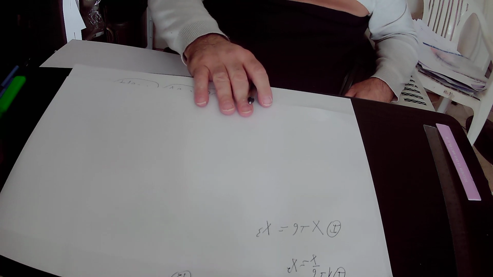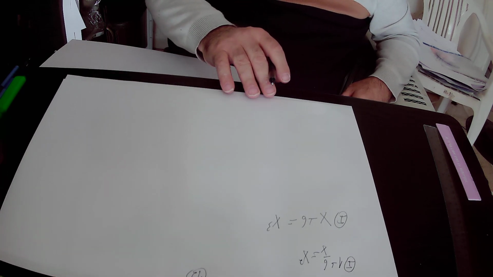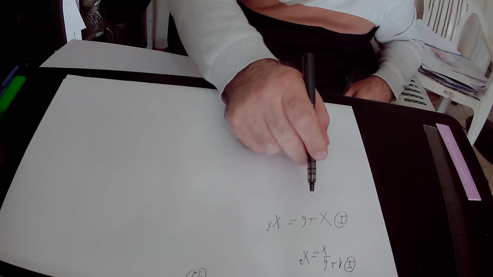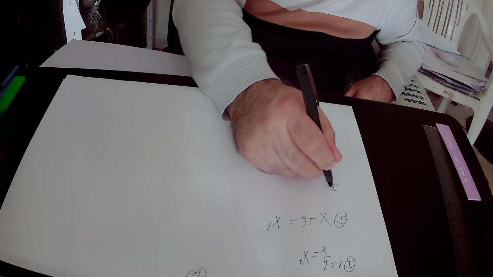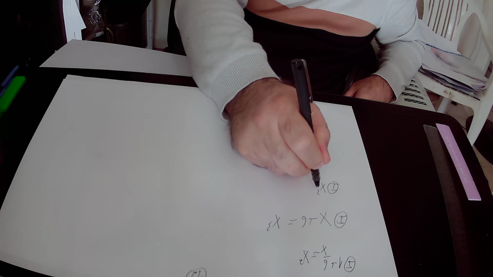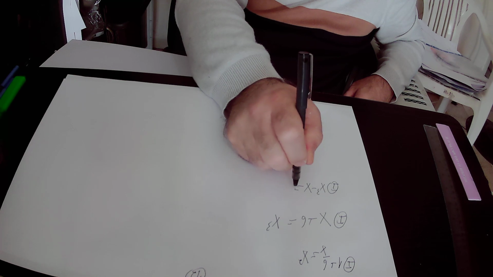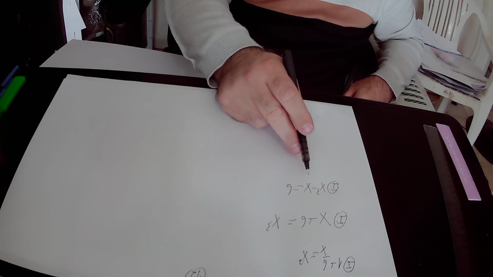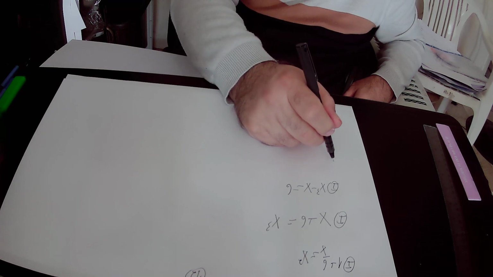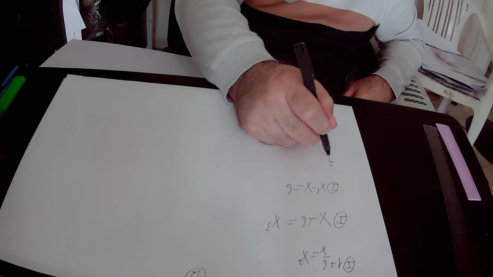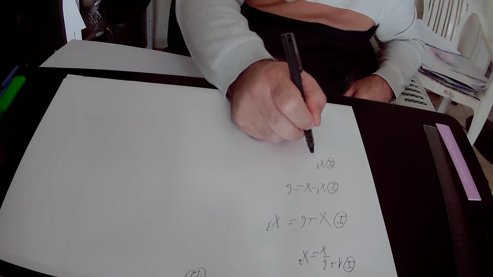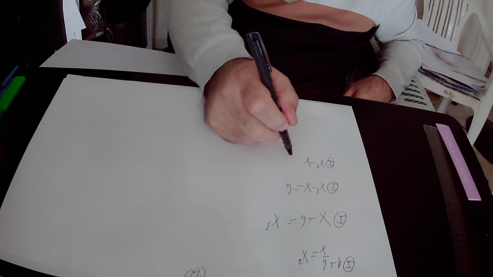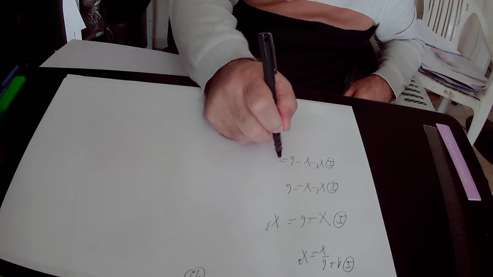So here we will subtract x from this equation and we will get that x cubed minus x equals 6. Here we will subtract 6 from this equation, and we'll get that x cubed minus x minus 6 equals 0.